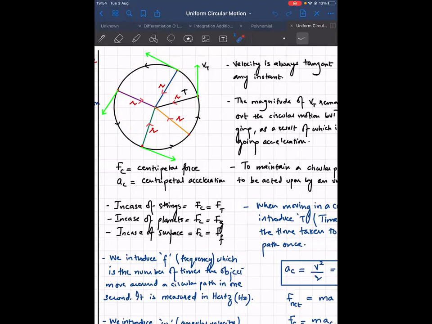And this length of the string is at different positions at different instants. All these are the positions of the string as well as this object at different instants. So this length of the string is also going to be the radius of this circle.